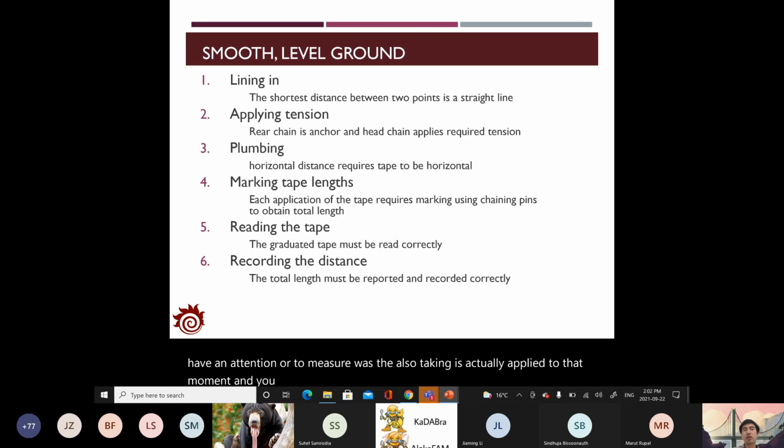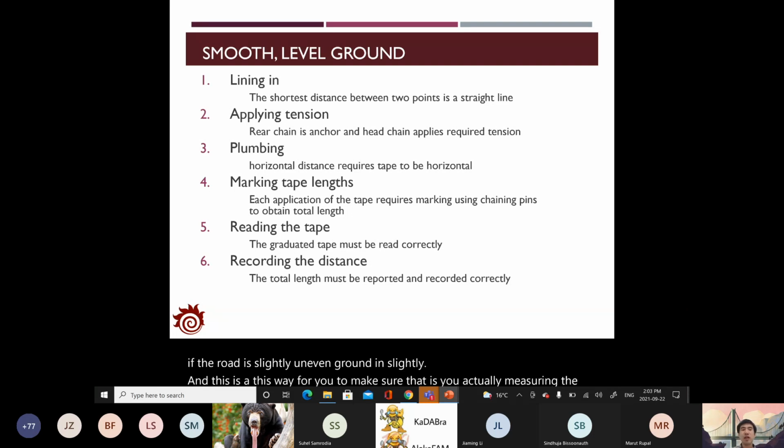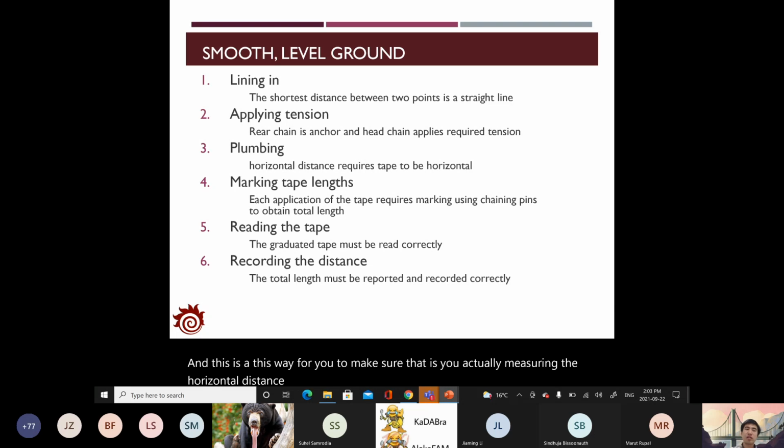You also need to have the plumbing. If the ground is slightly uneven, this is the way to make sure that you are actually measuring the horizontal distance. You also need to mark the tape length where you want to read the scale from the tape, and then conduct the reading.